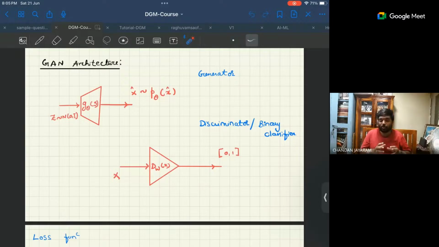Now this is how the structure is, this is how the loss formulation is, this is how you train, and this is how you update and infer. That will be the overall structure for today's discussion.